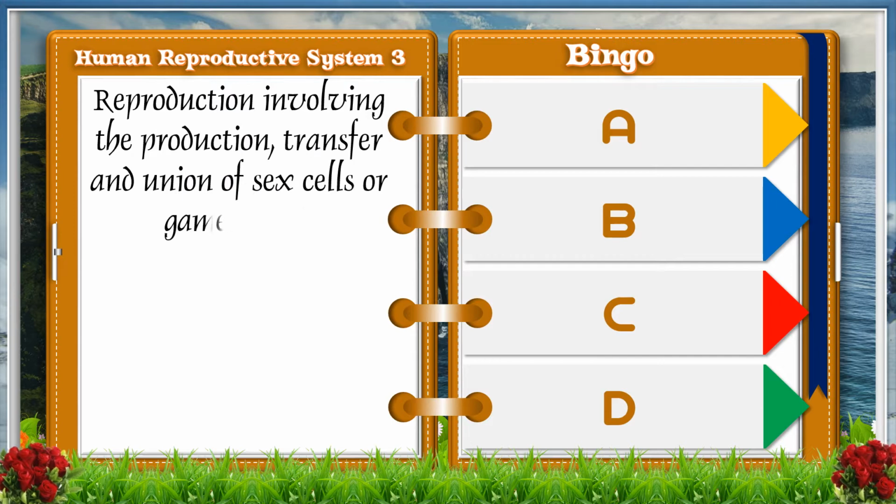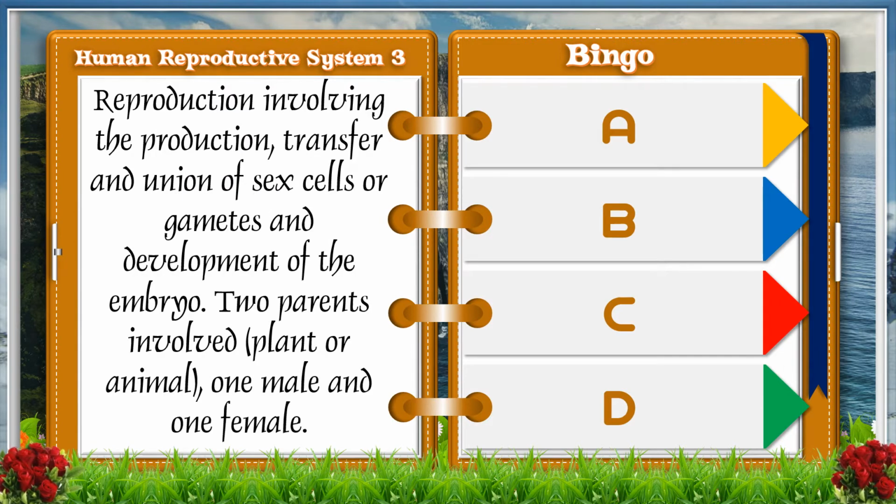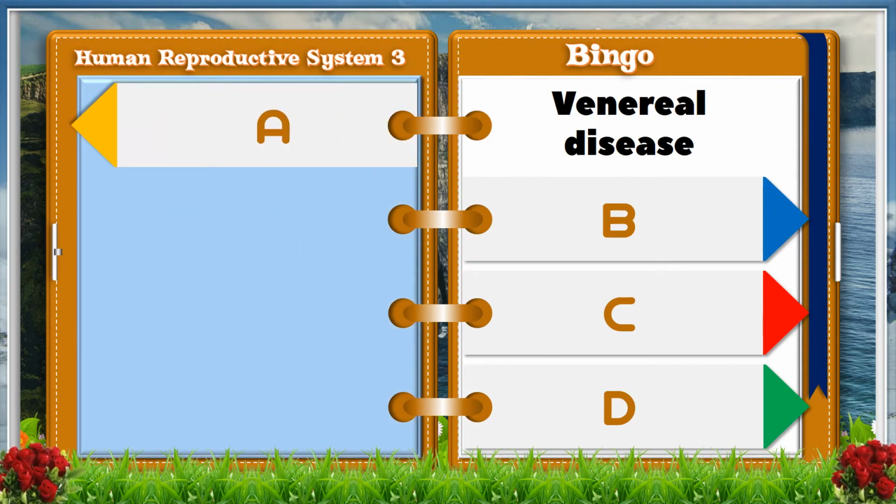Reproduction involving the production, transfer, and union of sex cells or gametes and development of the embryo. Two parents involved, plant or animal, one male and one female. A. Venereal disease.